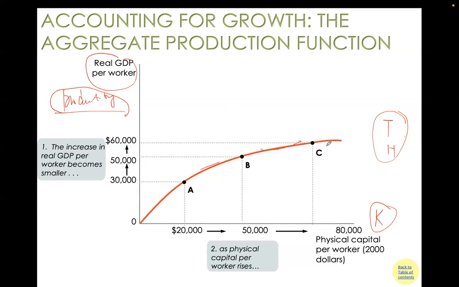But then what is the slope of this curve? The slope of this curve is just the marginal productivity of physical capital. How do we understand that? Essentially, if you take two points and approximate the slope, you just draw a line. So this is the slope, essentially, right? The slope equals the vertical difference divided by the horizontal difference.